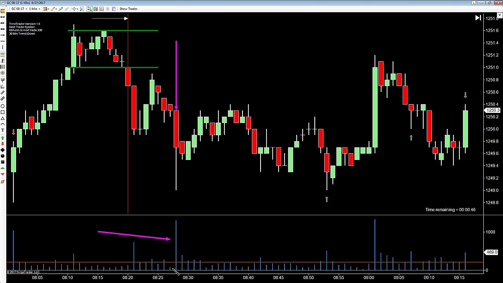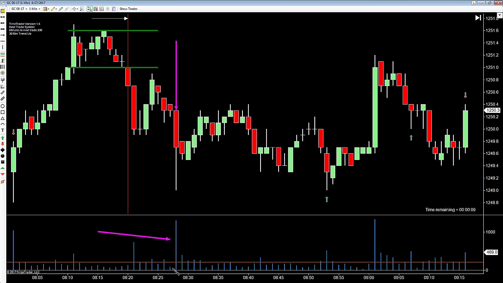Say it hit 500, it gives you an arrow to go up, and then it keeps going up and it hits 2000. It's going to give you an arrow to point down, and it does it as soon as it happens. That's what I like about this particular indicator.